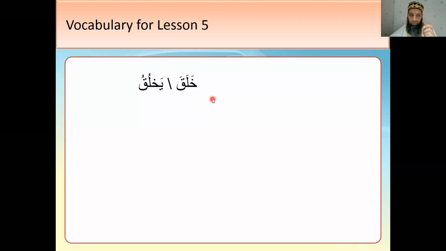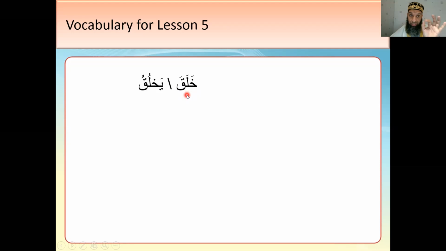So these are all root words, and root words consist of 3 letters mostly. In fact, 90 to 95% of root words in the Arabic language are 3-letter root words. You do get 4-letter and 5-letter, but this is the biggest bang for the buck, as they say.